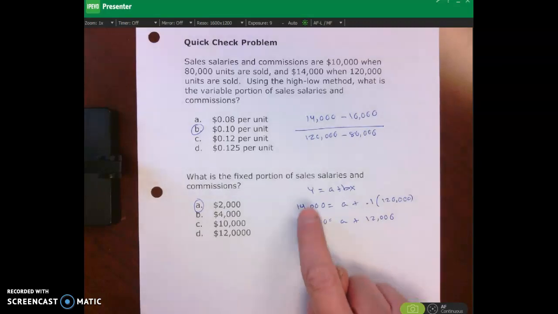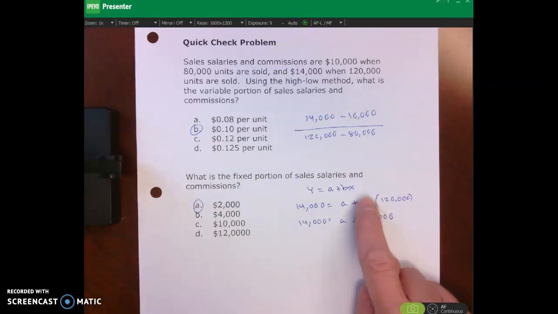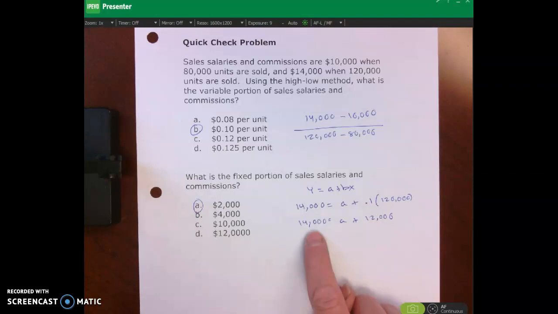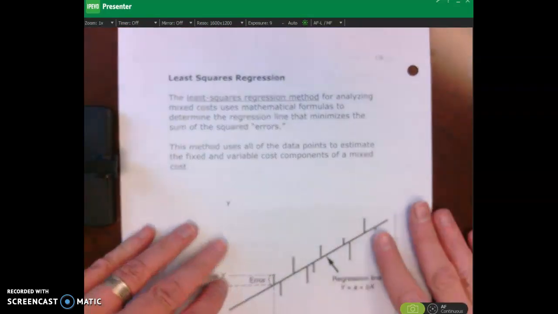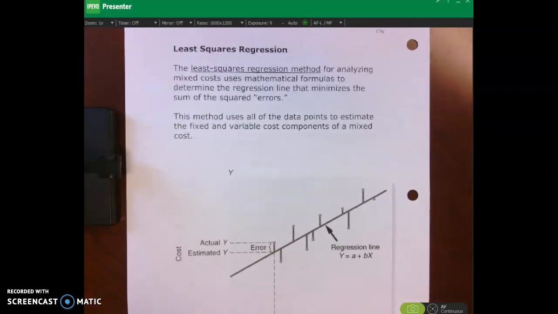So I said 14,000, which is my total mixed cost, equals my unknown a, which is my fixed cost, plus my b right over here, which is my slope, which is my variable cost per unit, times my level of activity. Therefore, I can then solve for a. It equals $2,000.